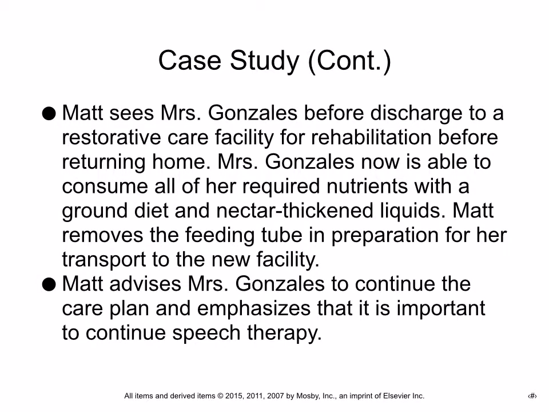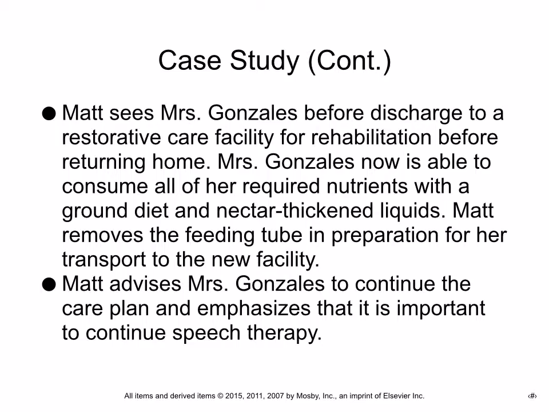Now, Matt sees Mrs. Gonzalez before discharge to a restorative care facility for rehab before returning home. Mrs. Gonzalez now is able to consume all of her required nutrients with a ground diet and nectar thickened liquids. Matt removes the feeding tube in preparation for her transport to the new facility. Matt advises Mrs. Gonzalez to continue the care plan and emphasizes that it is important to continue speech therapy.